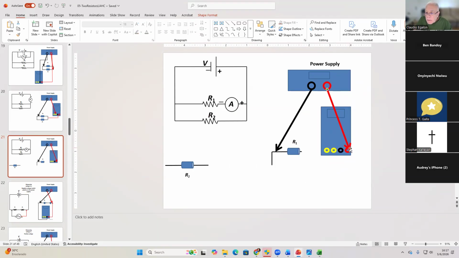No, this one is gonna go here. Okay. And then right in here. Right in here.